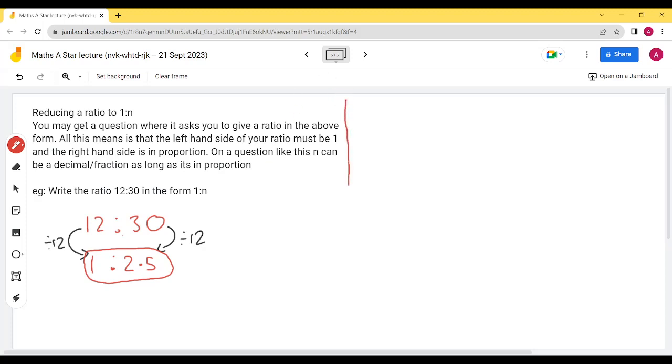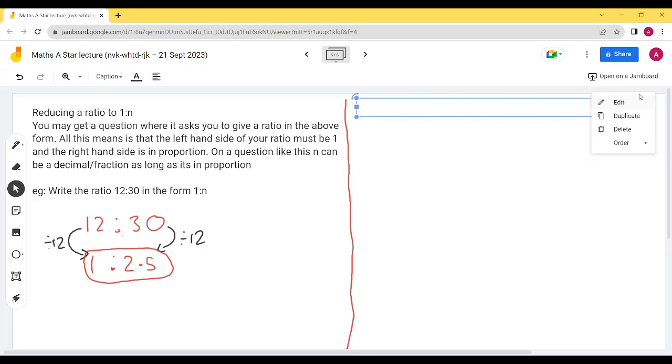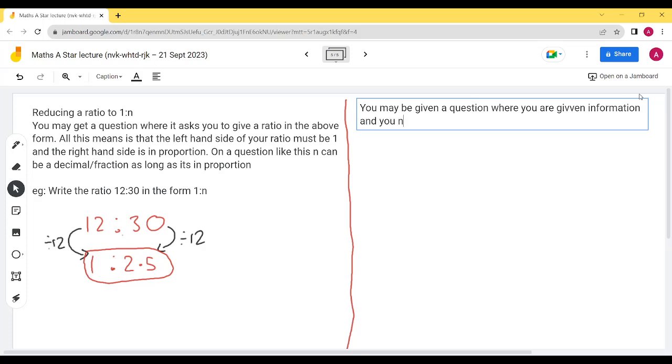It's a little bit different where you may be given a question where you are given information and you need to turn it into a ratio. So just give like the example below.